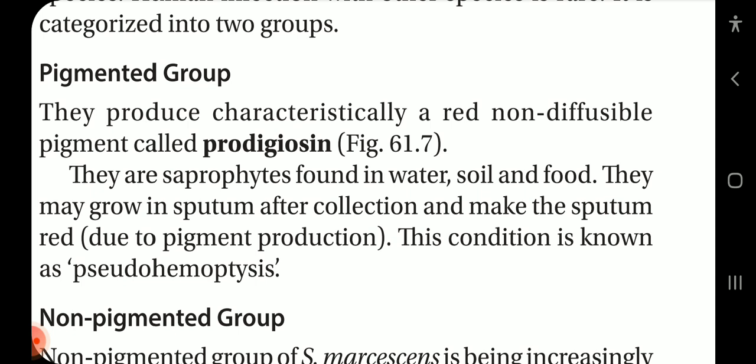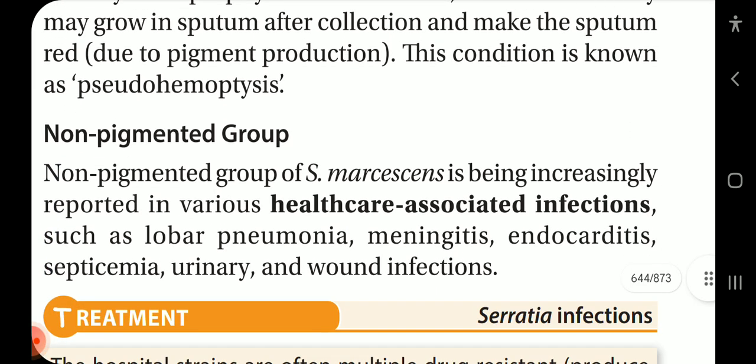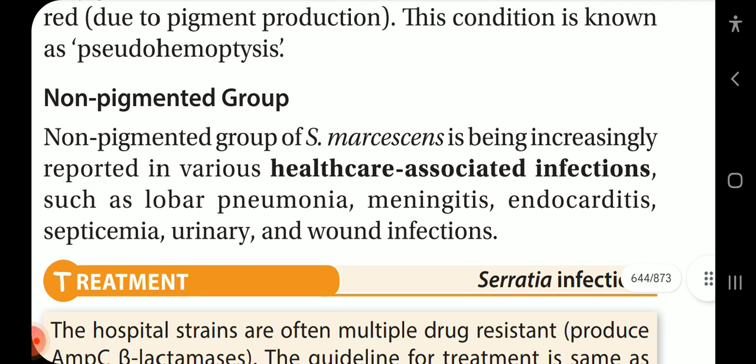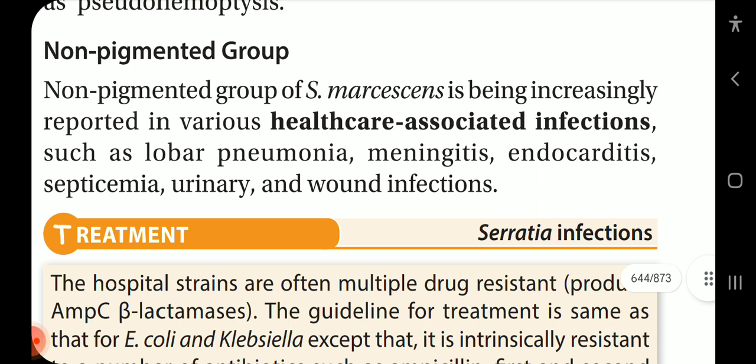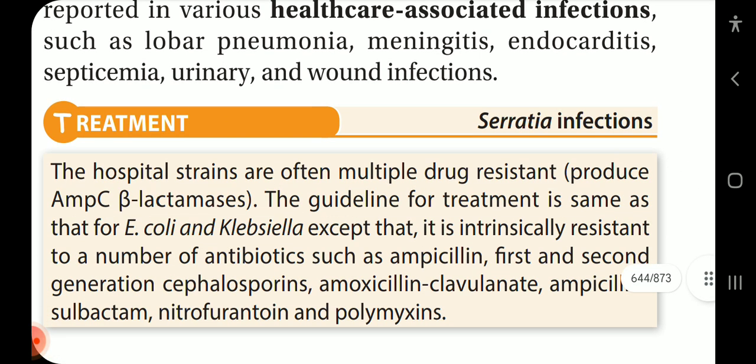They may grow in sputum after collection and make the sputum red due to pigment production. This condition is known as pseudo-hemoptysis. The non-pigmented group of Serratia marcescens is being increasingly reported in various healthcare associated infections such as lobar pneumonia, meningitis, endocarditis, septicemia, urinary and wound infections.